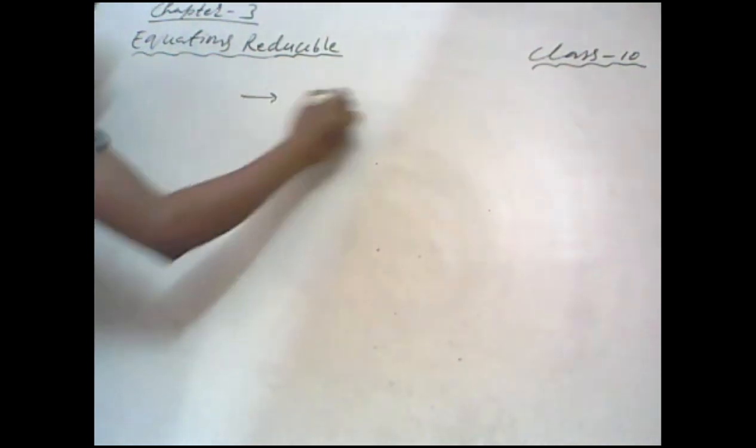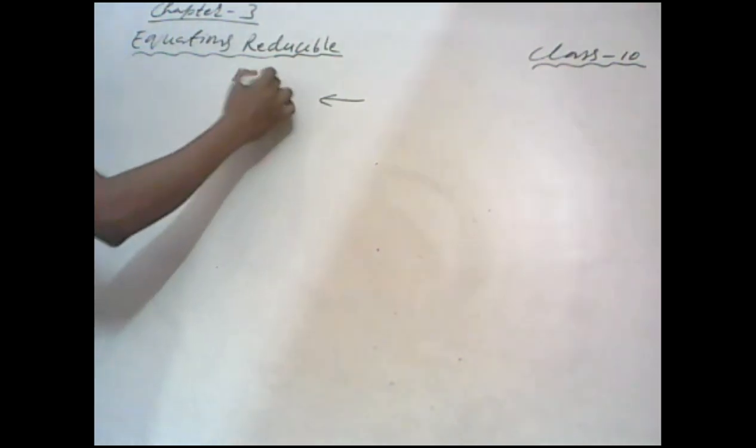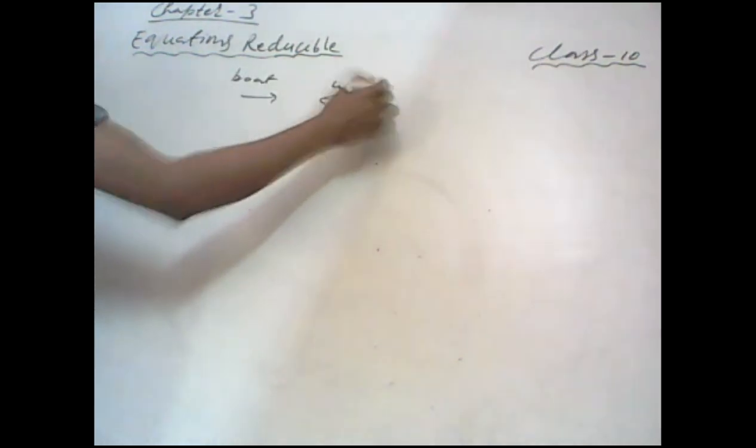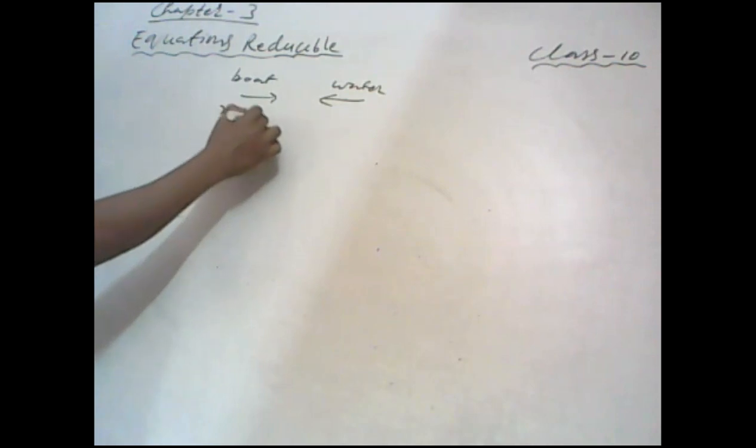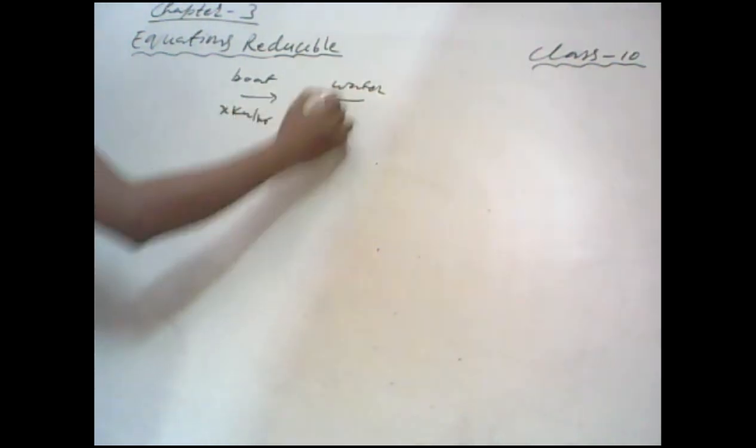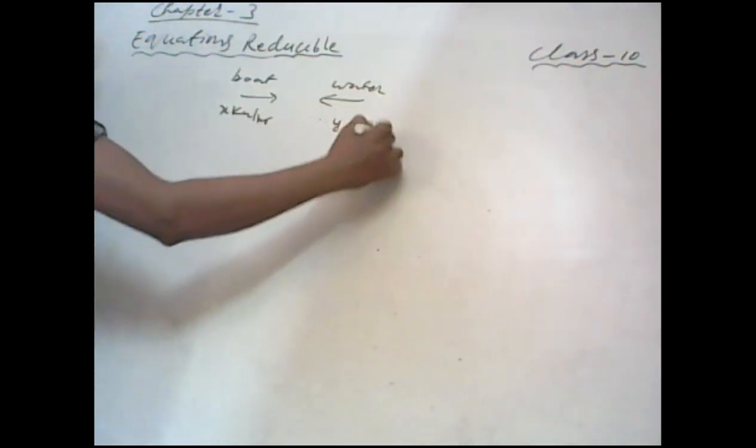So we need to find out the speed of water and speed of boat, right? When the boat and water are in opposite directions, let the speed of boat be x kilometer per hour and the speed of water be y kilometer per hour, and that is the meaning of upstream.